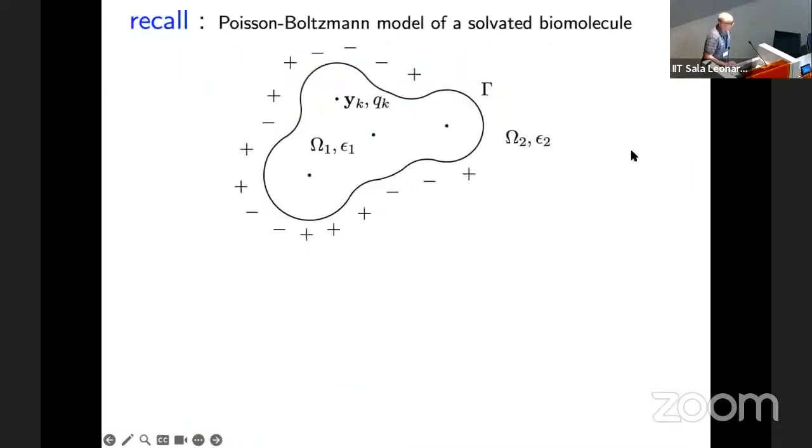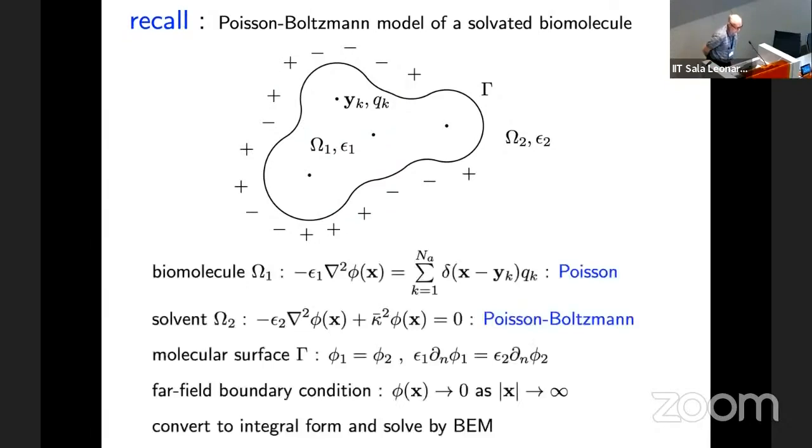Okay. So I don't have to belabor the point. The first part of the talk is about the Poisson-Boltzmann model of a solvated biomolecule. So the Poisson equation in the interior representing the solute, and then the Poisson-Boltzmann equation in the exterior. This is the linearized.